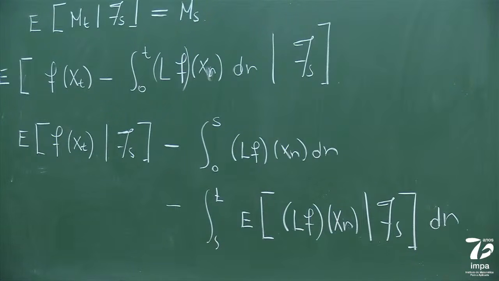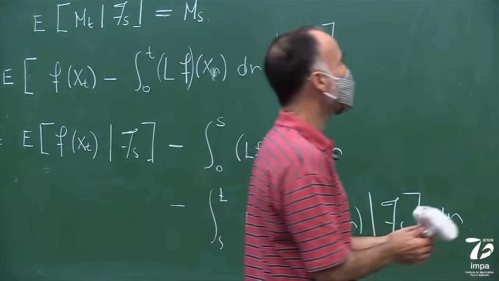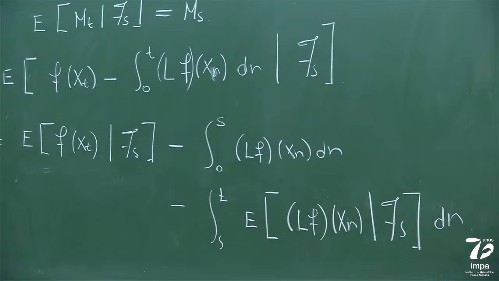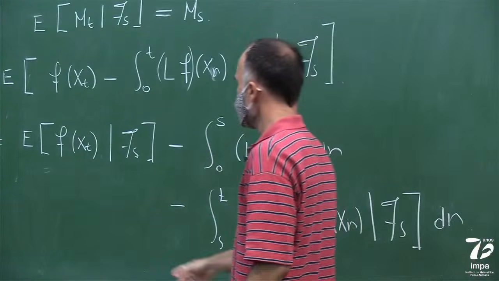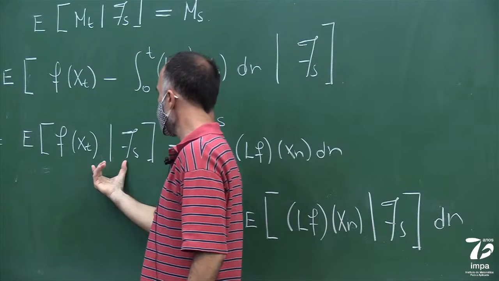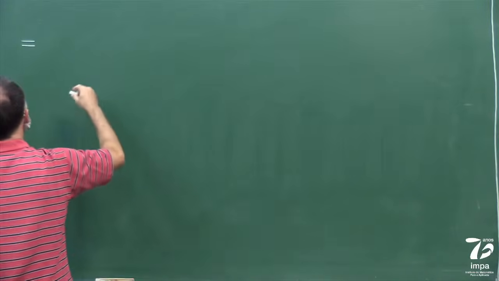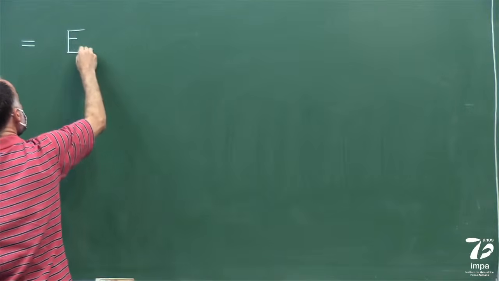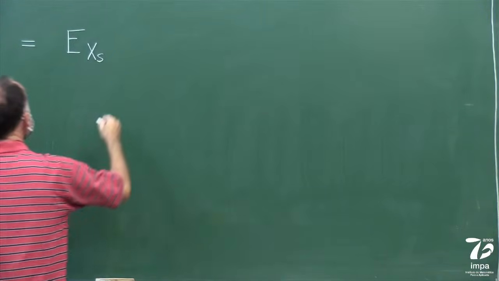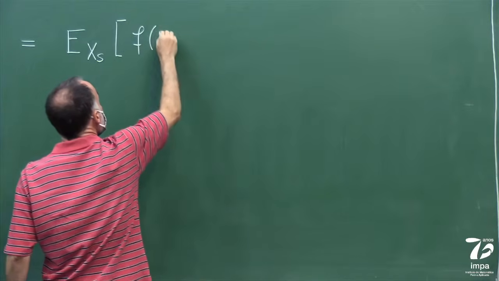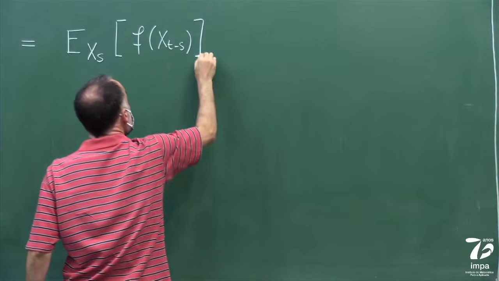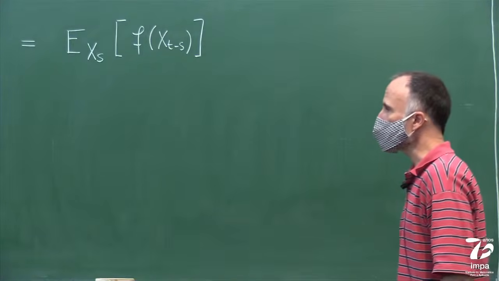Okay, so now we can recall that the process is a Markov chain, and therefore that this conditional expectation is actually equal, by the Markov property, to the expectation starting from X_s of f(X_{t-s}). Right? This is just the Markov property.